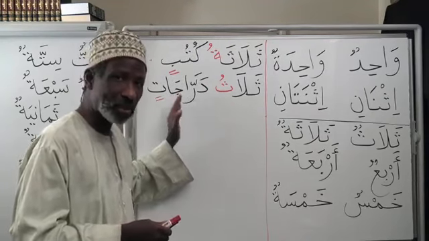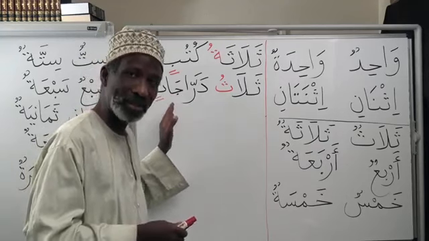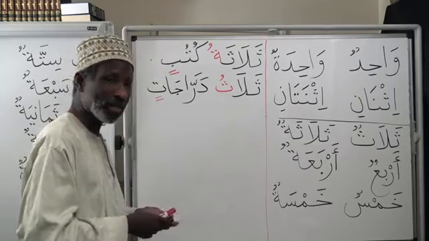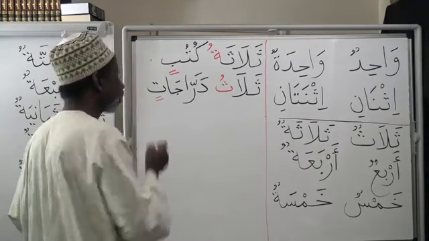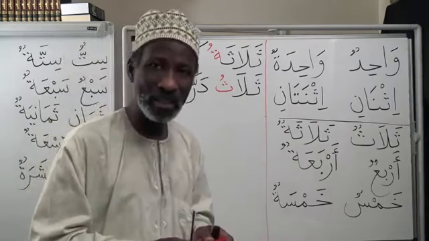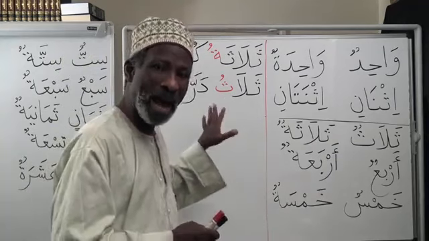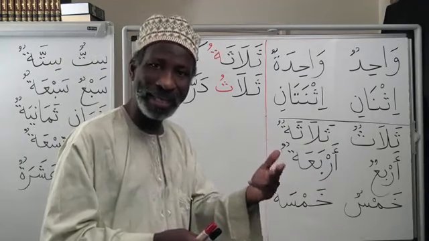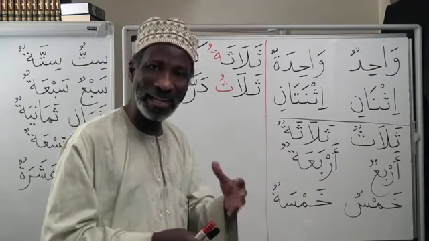And the items that we are counting, in this case bikes, we end with 2 kesra, darrajatin. Thalathu darrajatin. The same pattern will be used if you are counting 4, 5, 6, 7, 8, 9, 10.